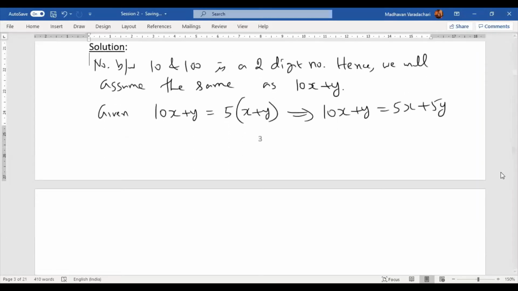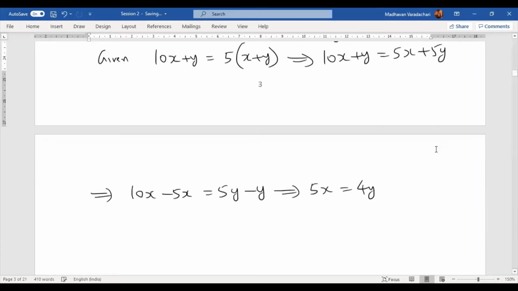Further, 10x minus 5x is equal to 5y minus y, or 5x equal to 4y. Again, I can rewrite this as 5x minus 4y equal to 0. Call this equation 1.